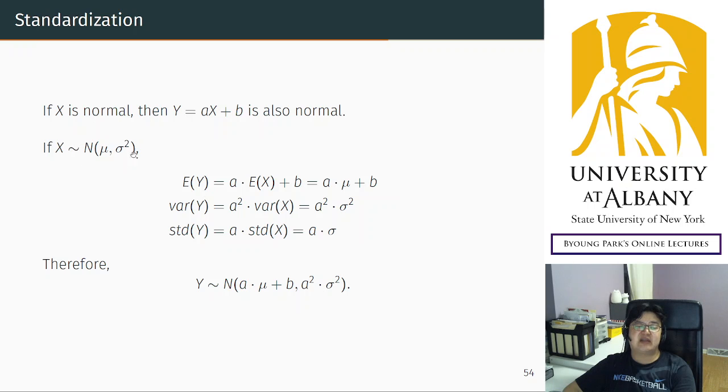If you have X like this, then we know the parameters for Y, because we know how the mean and the variance of Y are determined, according to the formulas we obtained earlier. So Y is another normal distribution with this mean and this variance. Those two parameters fully specify the distribution of Y.